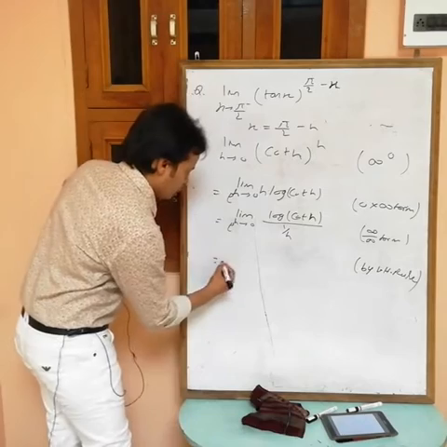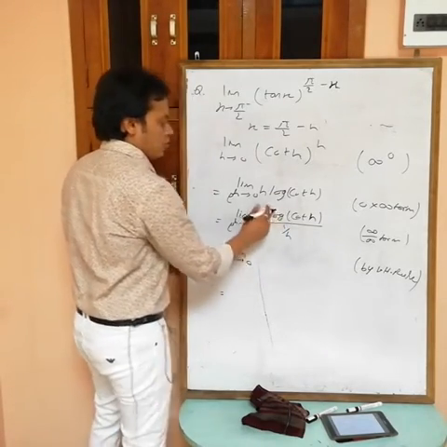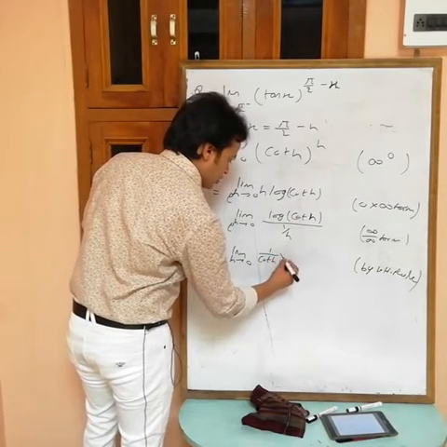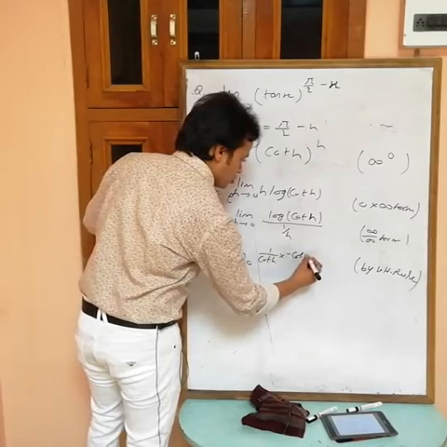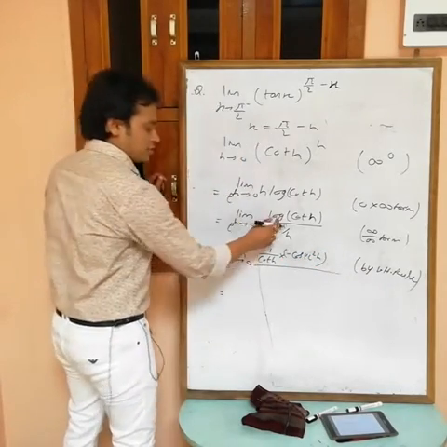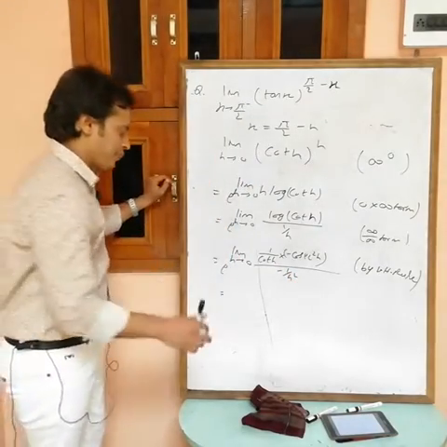E power limit h tending to 0, differentiation of log cot h is 1 by cot h, and the derivative of cot h is minus cosec square h. Differentiation of 1 by h is minus 1 by h square. Simple.